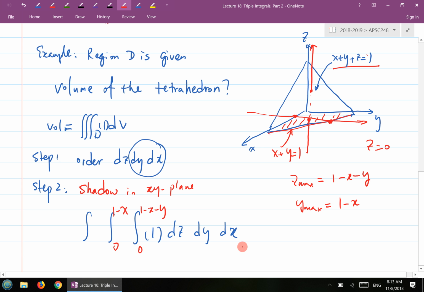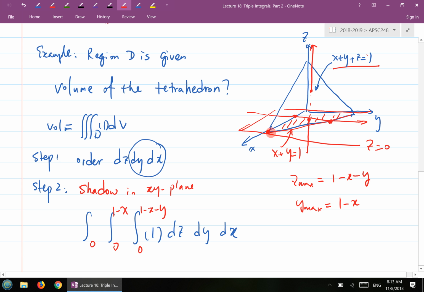Last step, determining the x limit. The x limit is to sweep these arrow lines in the positive x-axis direction. Find the 2 edges sandwiching this shadow. Apparently the first one is 0. The second one is a line passing through this vertex here. So again, you have to decide what the coordinates of the vertex are.